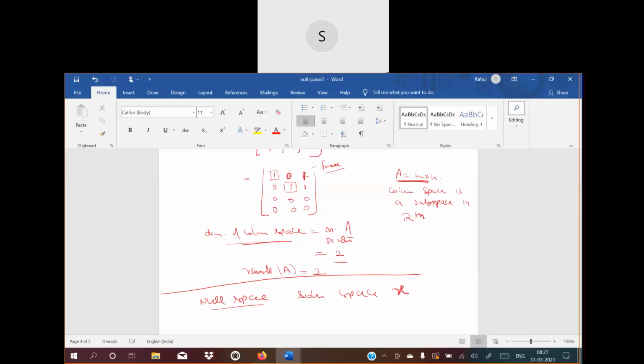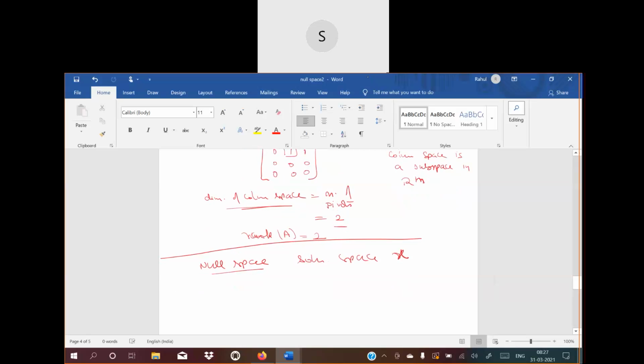Now how can you write this in form? You have x1, x2, x3. These form the basis, because they are linearly independent, and the dimension will be that.